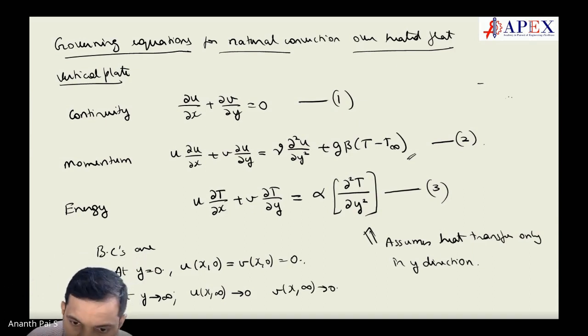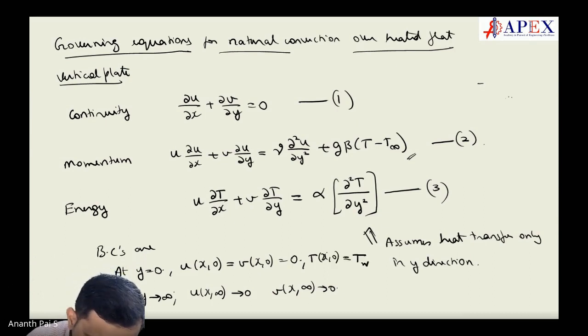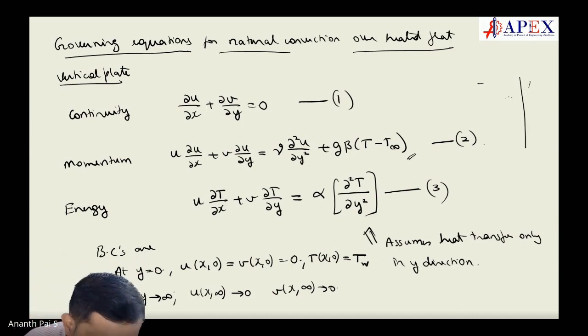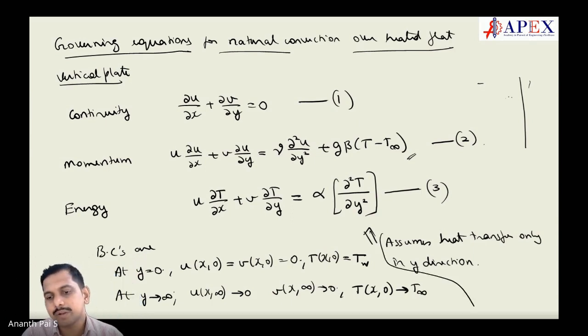These are the boundary conditions. And also T of x comma 0 is equal to T wall, the surface temperature. Now T wall is changing along the wall; it does not remain the same all through. It changes with respect to x. And T of x comma infinity tends to T infinity. These are the boundary conditions.